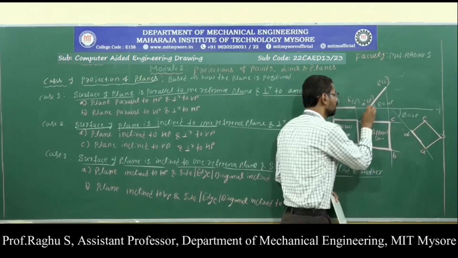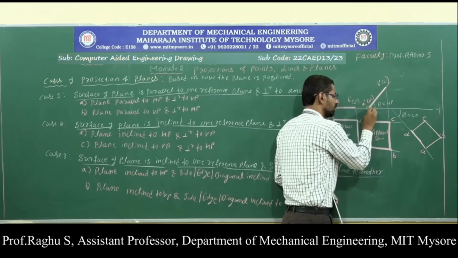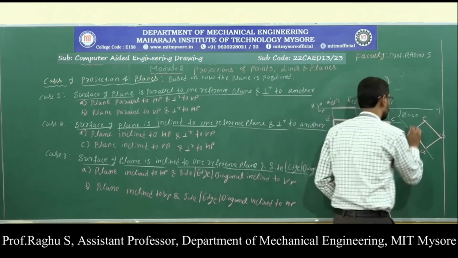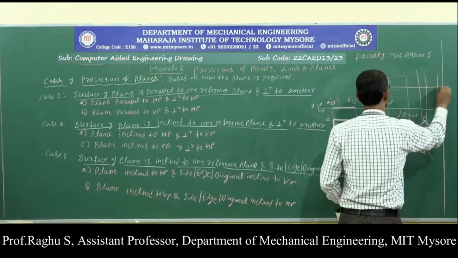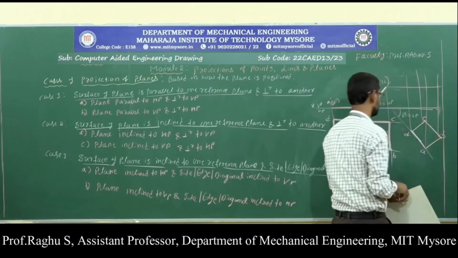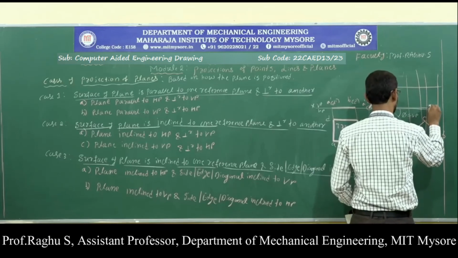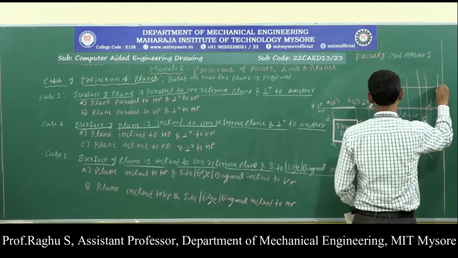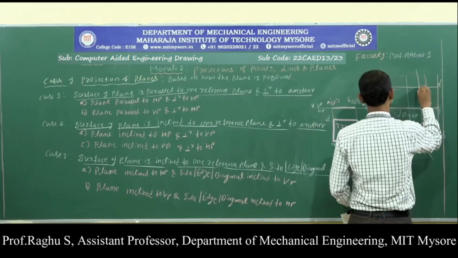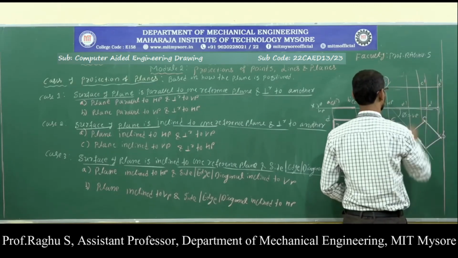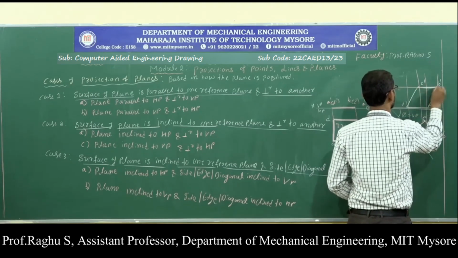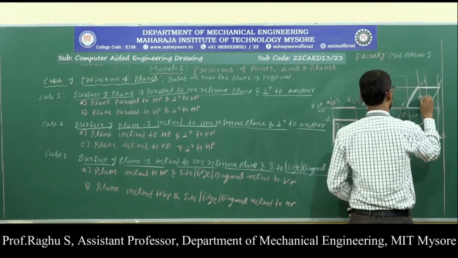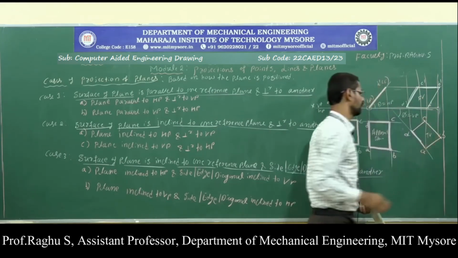Redraw this lamina such that the resting side is inclined with respect to VP. Now draw the final view. This is A dash, B dash, C dash and D dash. So this is the final front view and this is the final top view.